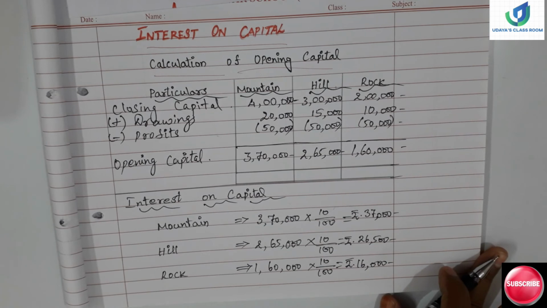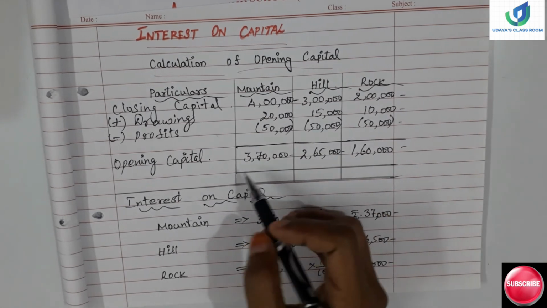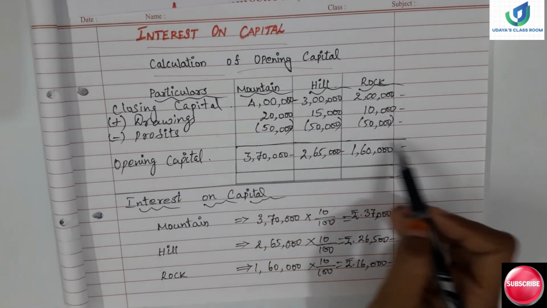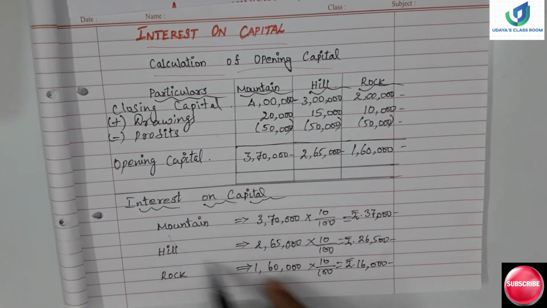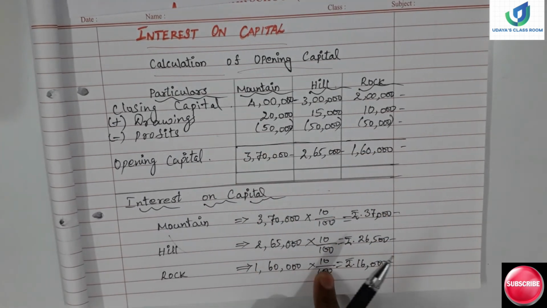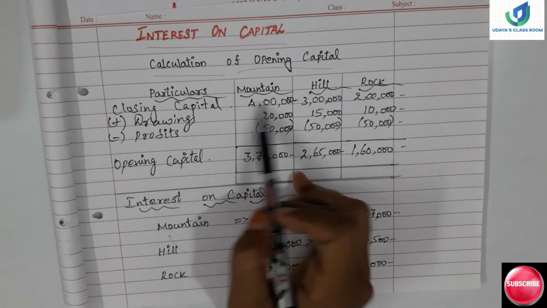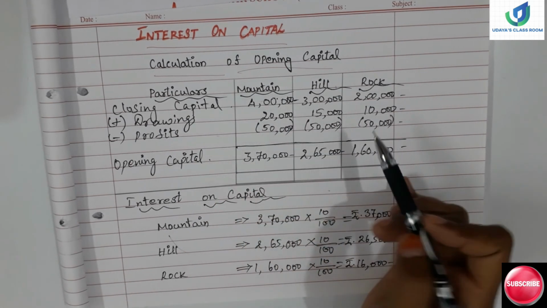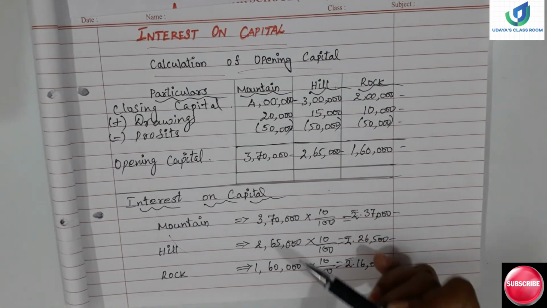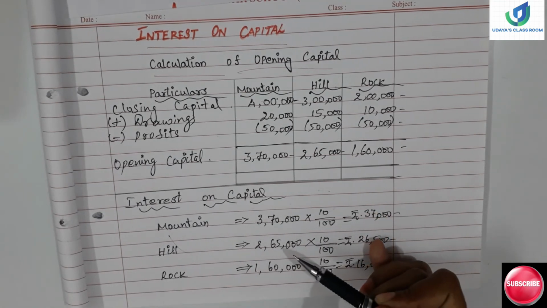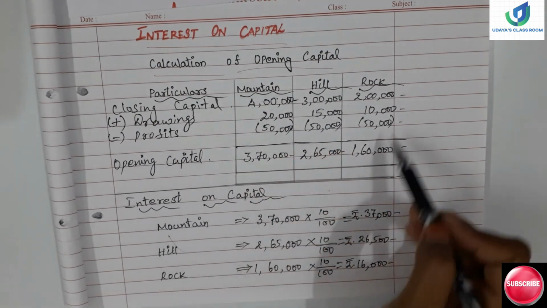Suppose in the question itself they have mentioned the opening capital of the partners. If they have given it directly, we can directly calculate the interest on capital. Since they have given only the closing capital, we always need the opening capital in order to calculate the interest on capital. That is the reason why we have done all these things.